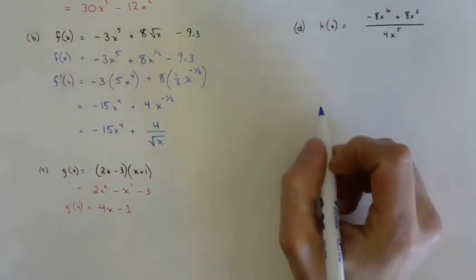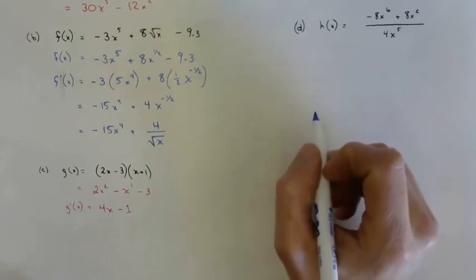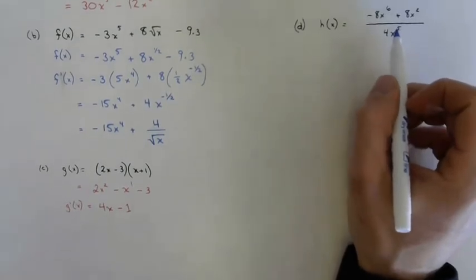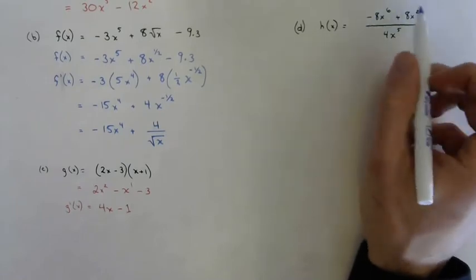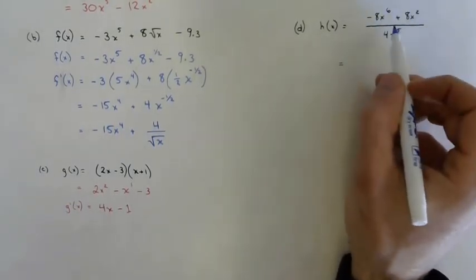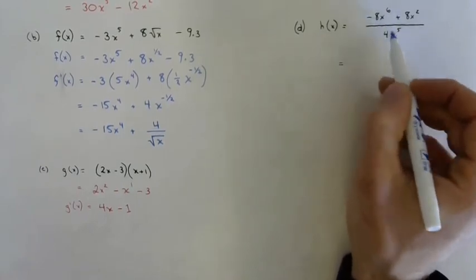According to the quotient law, I don't even know if there is a quotient law, but you can split this into 2 terms, which is what we have to do. Okay, so this group at the top divided by anything means you have to divide this term by that and this term by that.